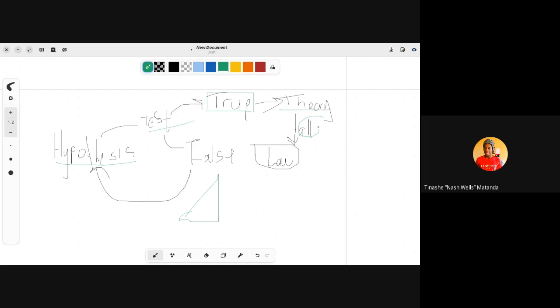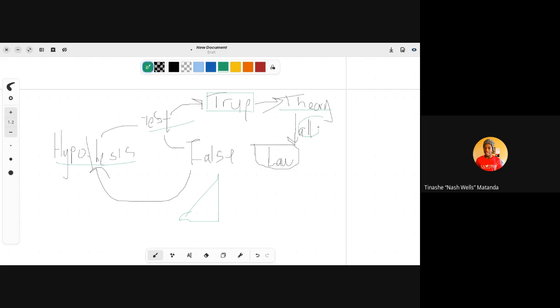When you take that specific test that you have done for that specific type of thing, and you find out that it's true for all the other kinds of possibilities, then it becomes a law. For example, we can say murder is a bad thing. That is actually a law.